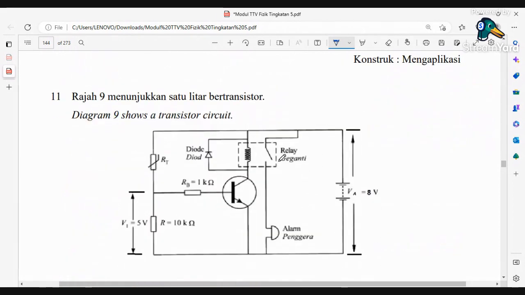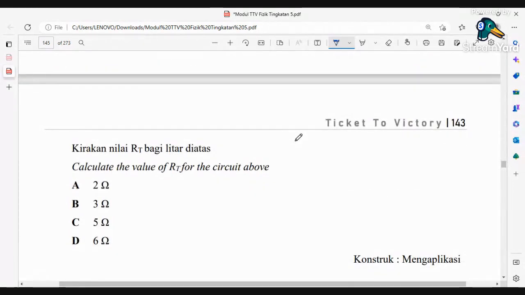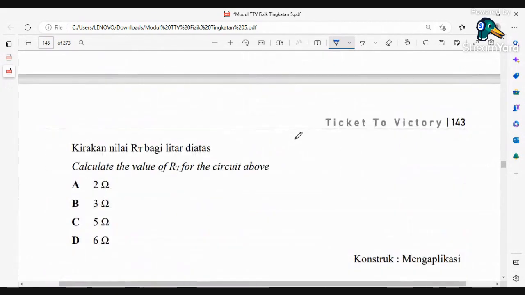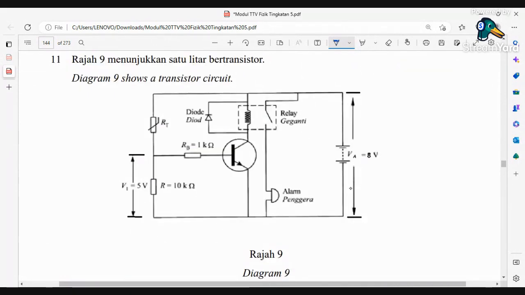Okay, number 11, transistor. Calculate the value of RT for the circuit above. This is a thermistor. We know that the voltage across T, let's say I put as VT, there is a potential divider, so VT plus V1 equals VA.